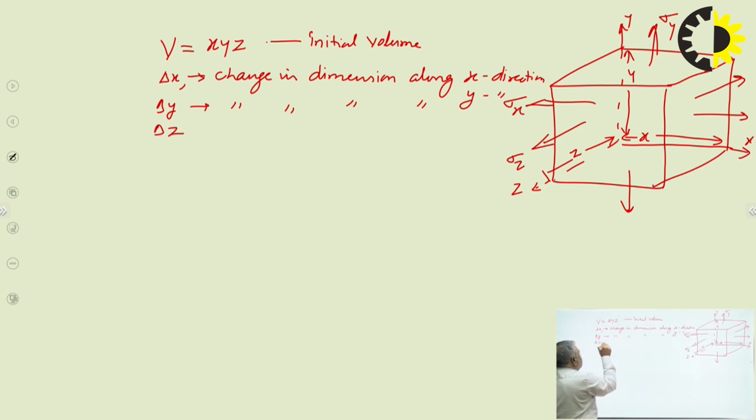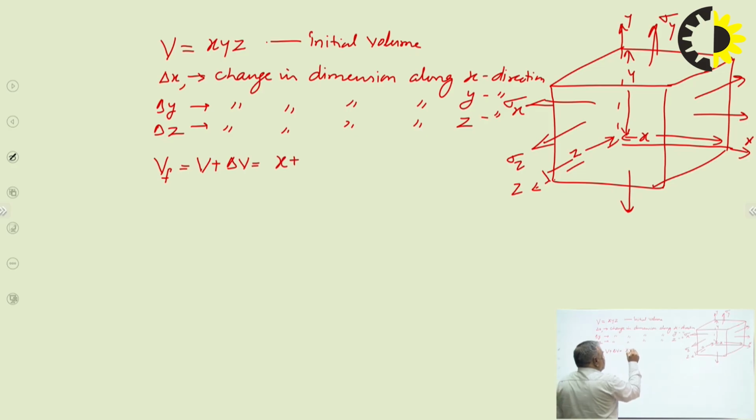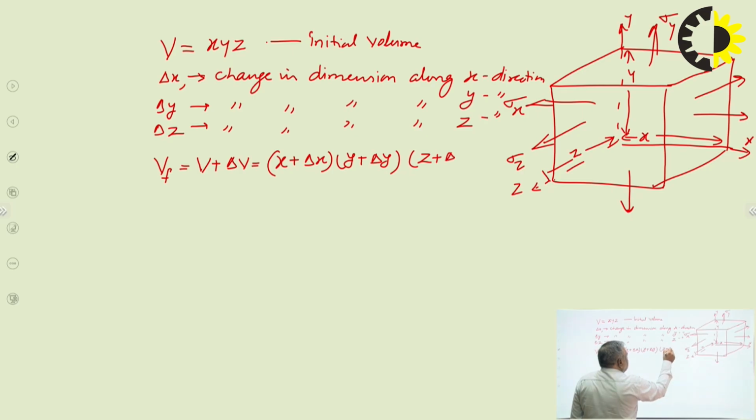Delta z is the change in dimension along z direction. So, the final volume, V plus delta V, is nothing but the product of final dimensions: x plus delta x, y plus delta y and z plus delta z.